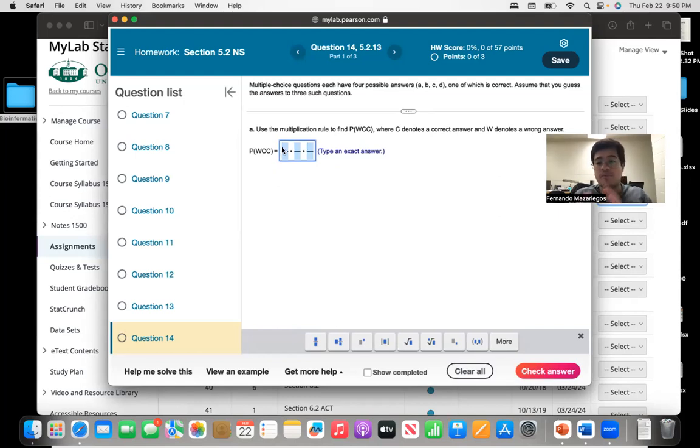We know these probabilities will be fractions. What is the probability that the first answer is wrong? We have 4 possible options, A, B, C, or D. We know 3 of them are wrong. And with the same logic, there is only one correct answer in the second question and one correct answer in the last question. We multiply the fractions, we should get 3 over 64. Let me make sure. Okay, so that looks good.